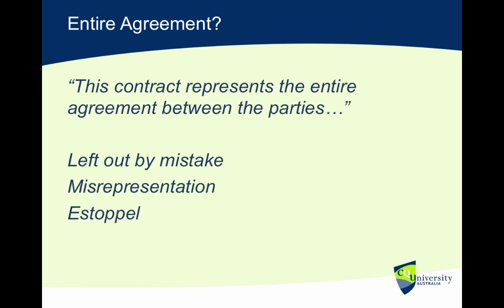So something left out by a mistake, a misrepresentation, or the textbook refers to a case involving a Victorian work cover where there was said to be a promise not to enforce certain parts of the agreement. And even in the face of a whole of agreement clause, that was still able to be applied.